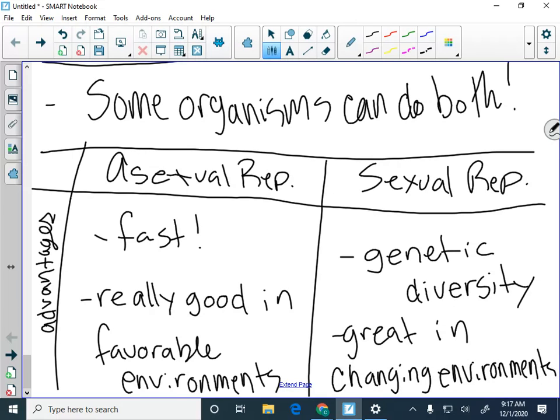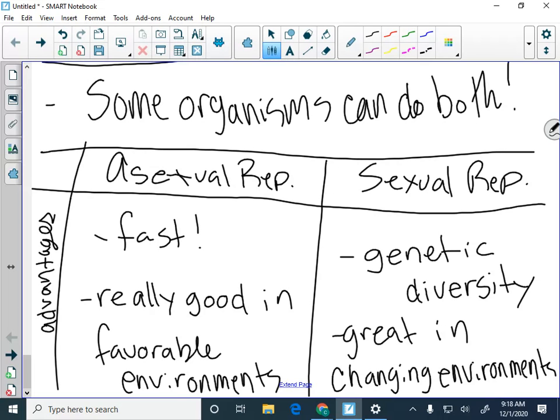So if we have a yeast cell that is really good in acidic environments, but really bad at hot environments, so it likes acidic and cold, and we have a yeast cell that is really bad in acidic environments, but really good in hot environments.